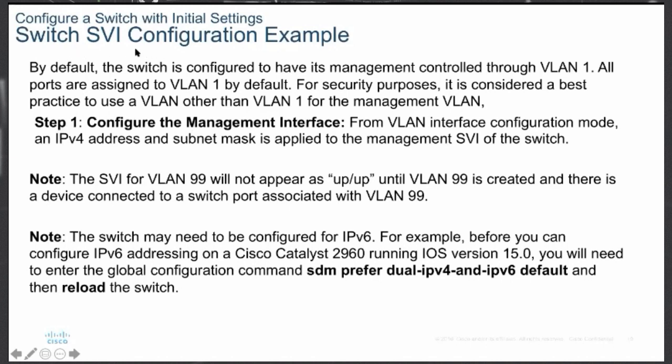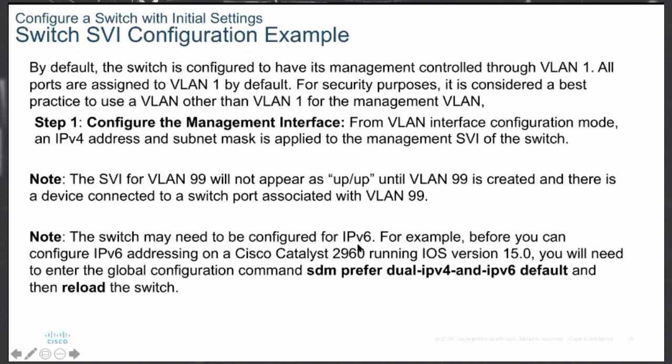But to configure the switch SVI, the very first step is configuring the management interface. So from the VLAN interface configuration mode, we'll assign an IP address as well as a subnet mask to the SVI. And we will note that the SVI would not appear as up until it is created, and it will be up only when a device is connected on that VLAN port.